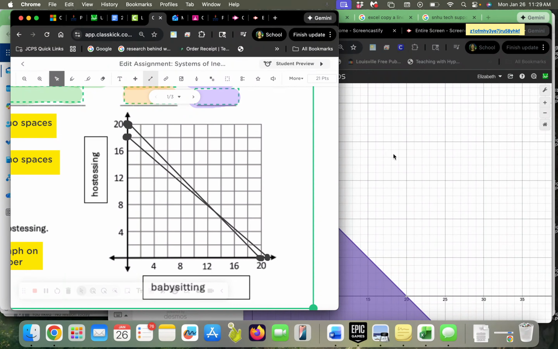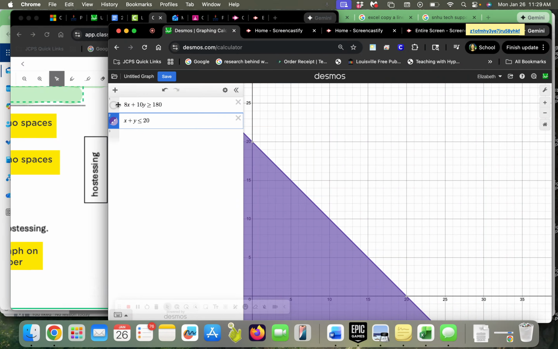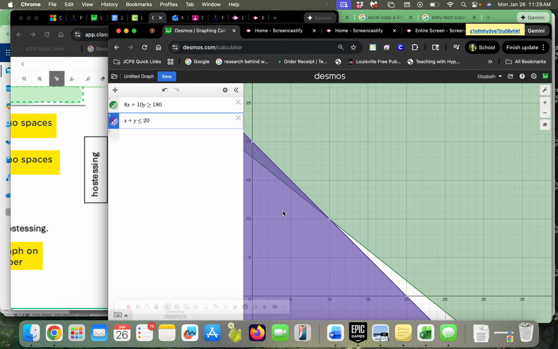And to deal with the shading, I am now going to turn them both back on. And remember, when we're dealing with a system of inequalities, the most important part is where you see the two colors mixed together. So on this graph, it's going to be this dark purple, where you can see that the purple shading and the green shading have overlapped.